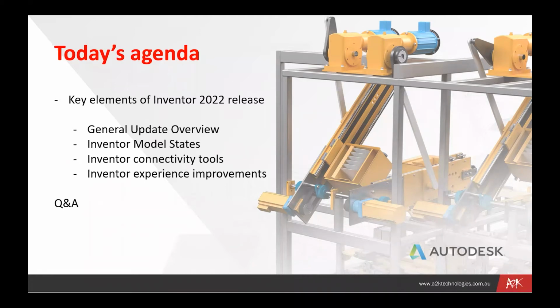So the 2022 version of Inventor has seen a couple of really nice features added. One major new feature is the model state functionality, and I'll go through that in a little bit more detail a little later on. But there's a number of other new features as well added in the interoperability functionality.